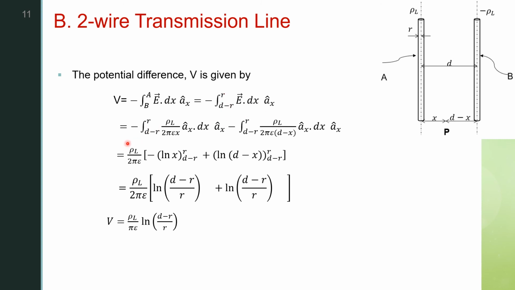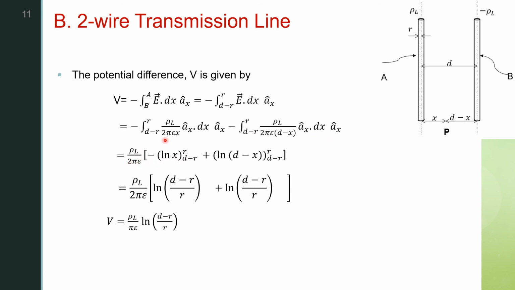The potential difference is created with the presence of both rho L and minus rho L. So that is equal to minus integral d minus r to r rho L by 2 pi epsilon x ax dot dx ax, then because of minus rho L, we have minus integral d minus r to r rho L by 2 pi epsilon (d minus x) ax dot dx ax.